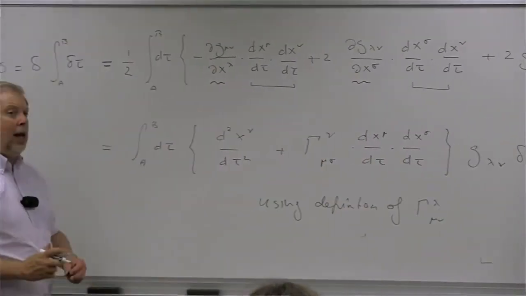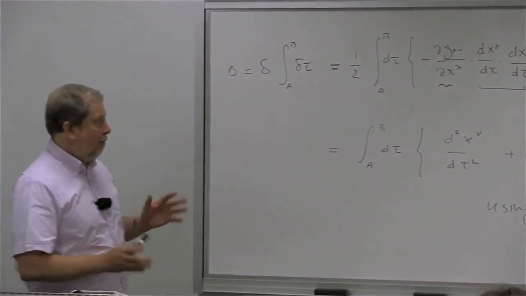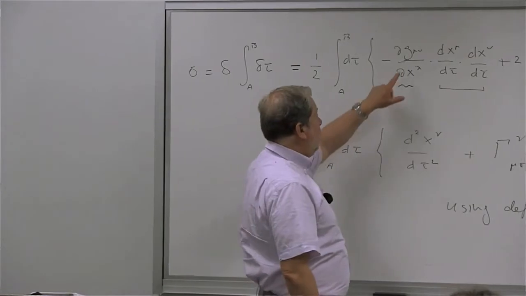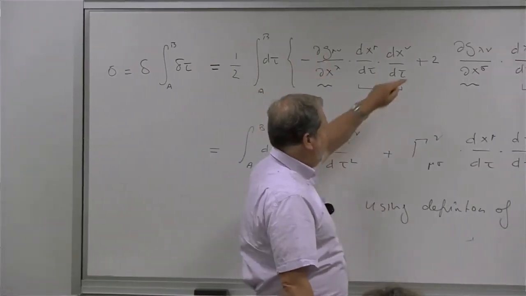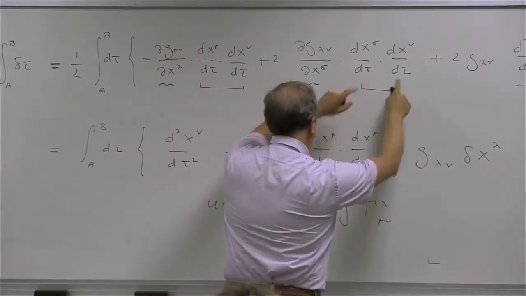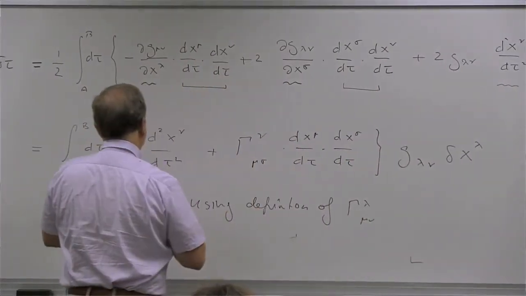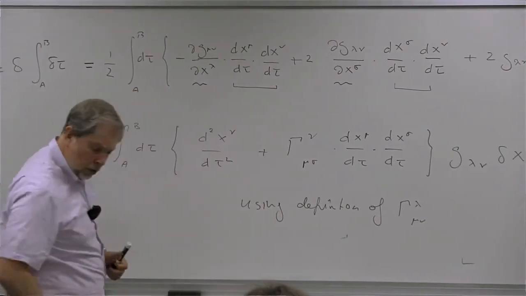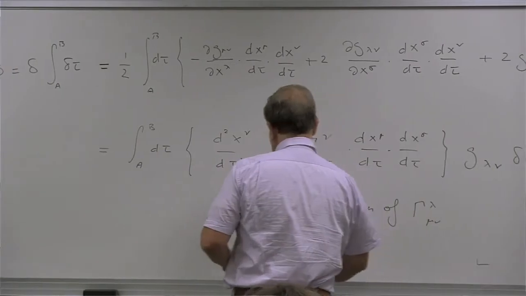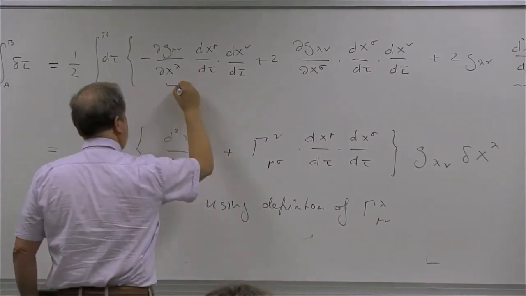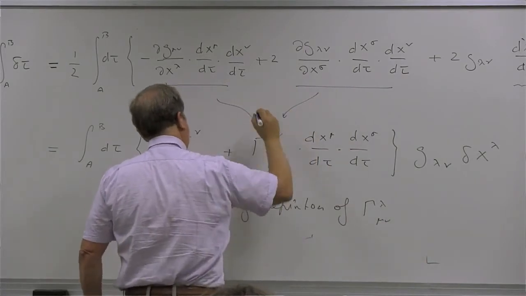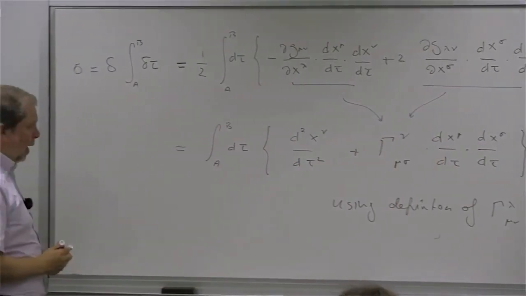Remember, gamma lambda mu nu was written in terms of various derivatives of the metric, and they are precisely the derivatives you have here, because you have a derivative here and another derivative here, and they both multiply these velocity terms. So those two terms are in fact exactly the same as one that contains just a gamma.